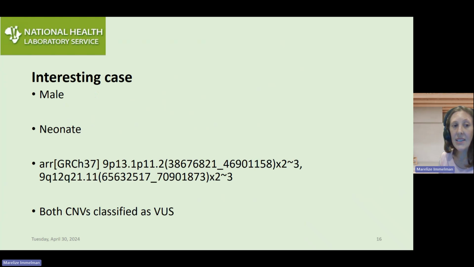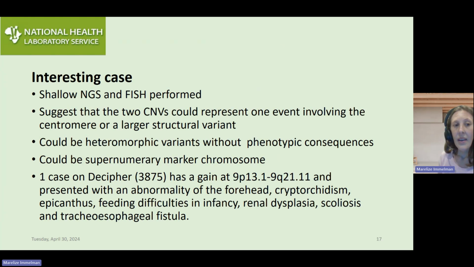An interesting case is a male who was a neonate at the time of testing, and in his array analysis, 2 mosaic gains were detected involving chromosome 9, and both copy number variants were classified as variants of uncertain significance.